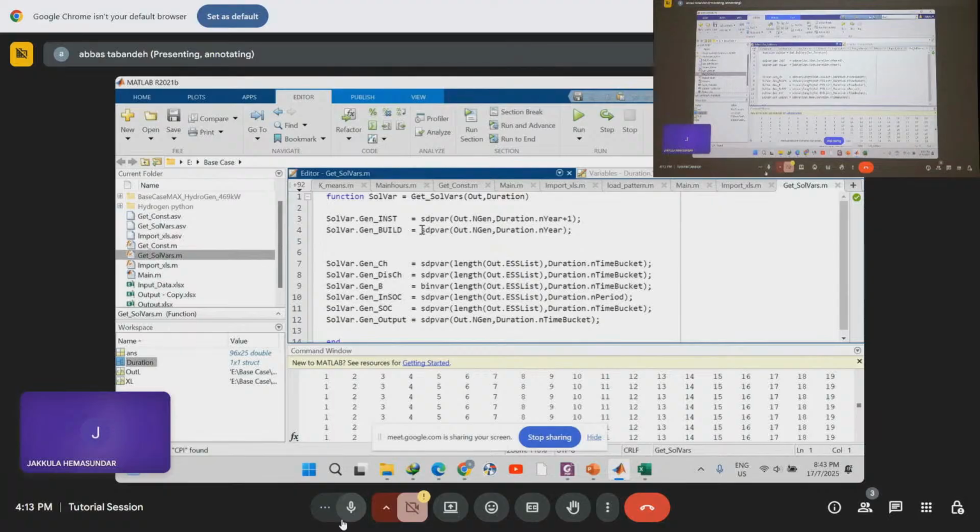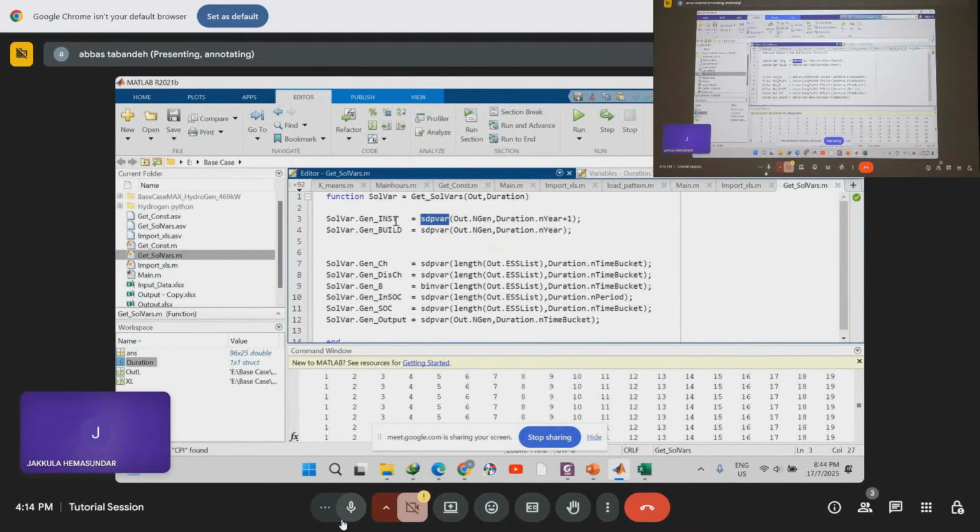So when we want to define the decision variables, as I showed you on the website, we need to use this term, SDPVAR. And this one shows the dimension of our variable, for example, number of generators, and the time bucket that we have.